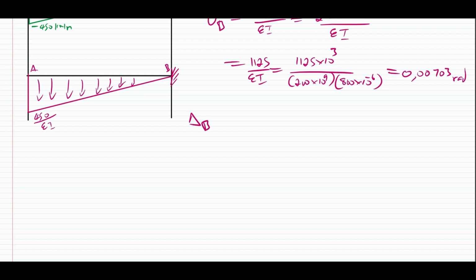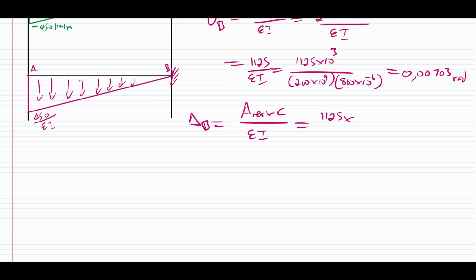And then for your deflection at B, it's going to be area times centroid divided by EI, which is basically going to be this answer, 1125.